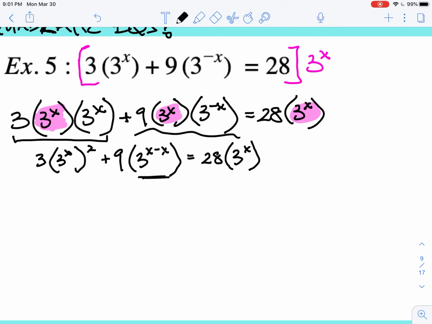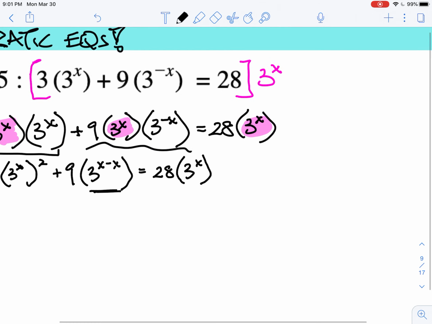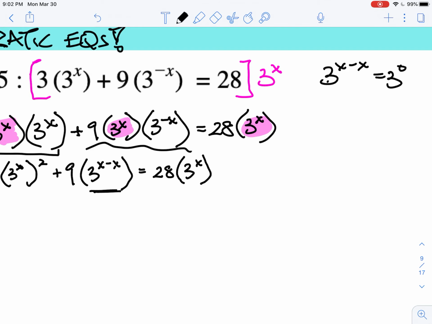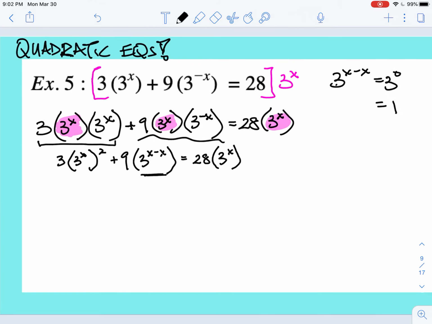Now normally I'm going to skip this step and I'm just going to go straight to 3 to the 0, and more significantly I'm going to go straight to 1. Okay, so off to the side, let me just write that out. 3 to the x minus x equals 3 to the 0, and 3 to the 0 equals 1. So this whole thing I can write as 1.